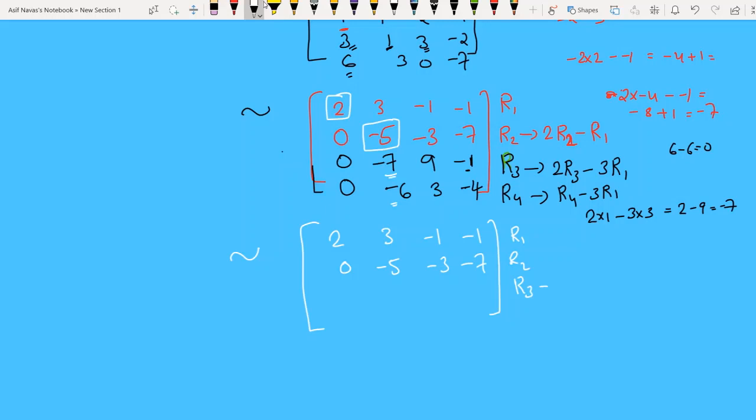So what is the row operation? R3 implies... anybody? Anybody?